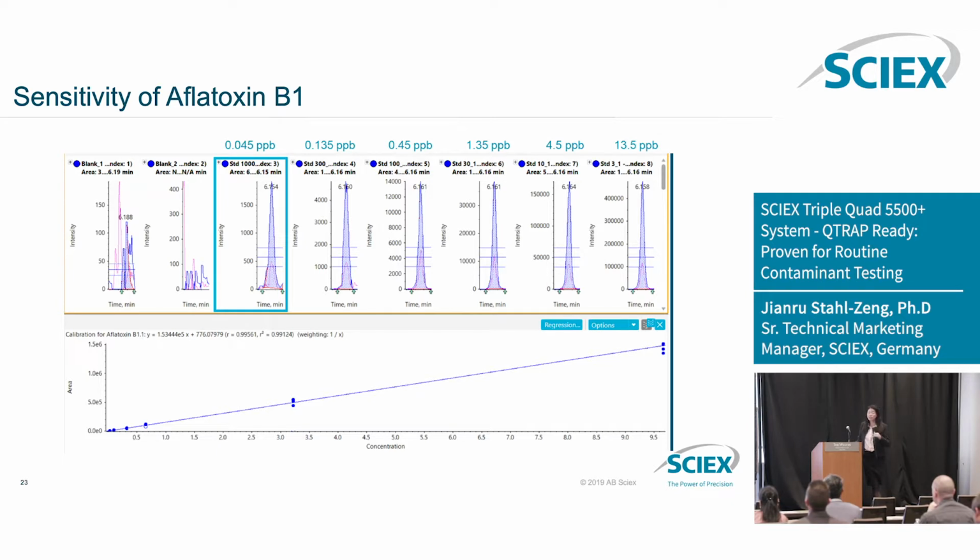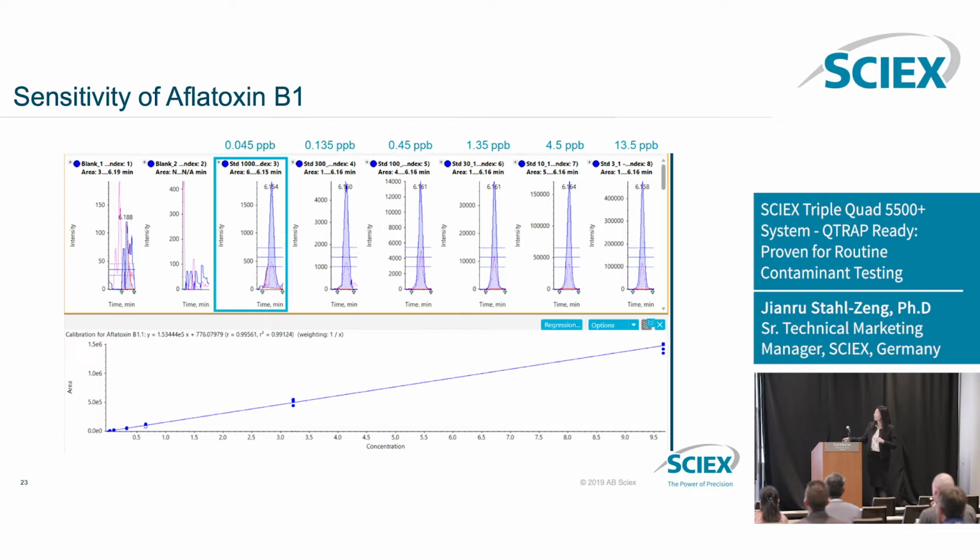And like you heard before, we always look at 2 transitions and look at the ion ratio of these 2 transitions. It has to be correct. And this is the ion ratio. Here, these 2 lines are the tolerance for your ion ratio. Depending on regulation, you give the tolerance.